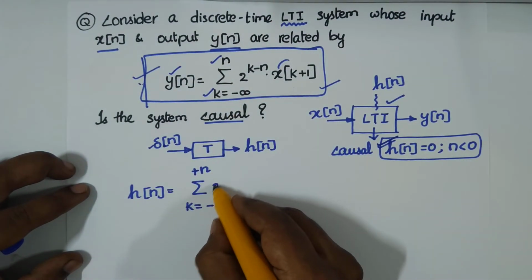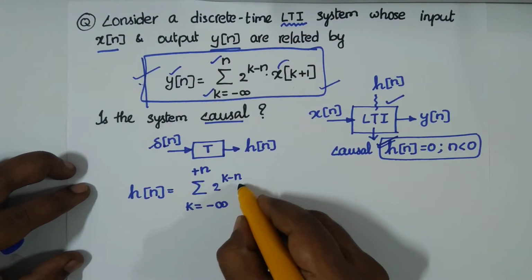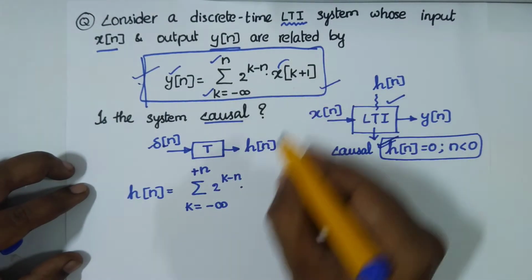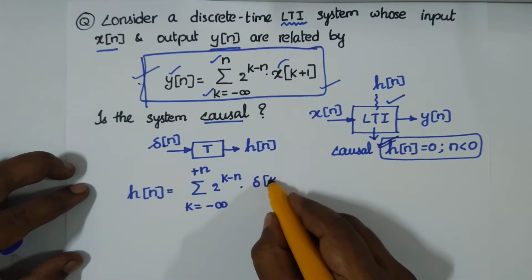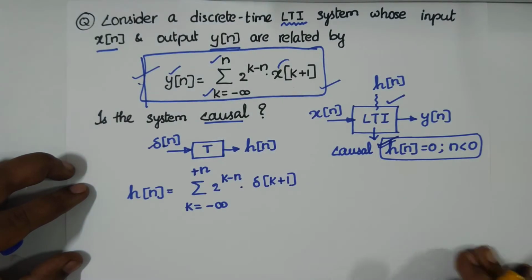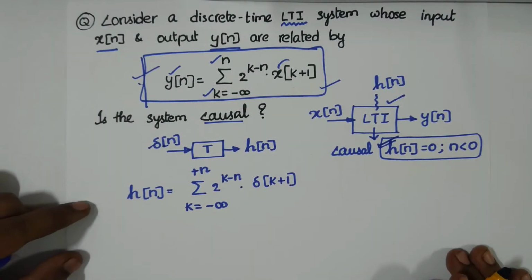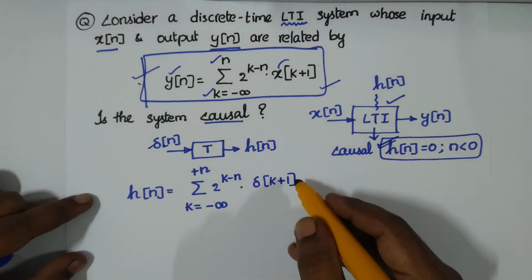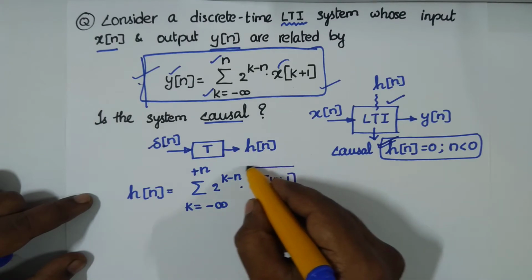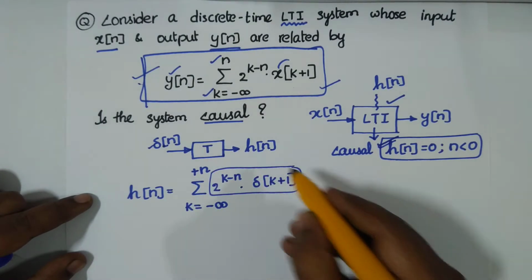So you have 2 to the power of k minus n. Now instead of x of k plus 1, you take delta of k plus 1. Now just use the properties of impulse function.